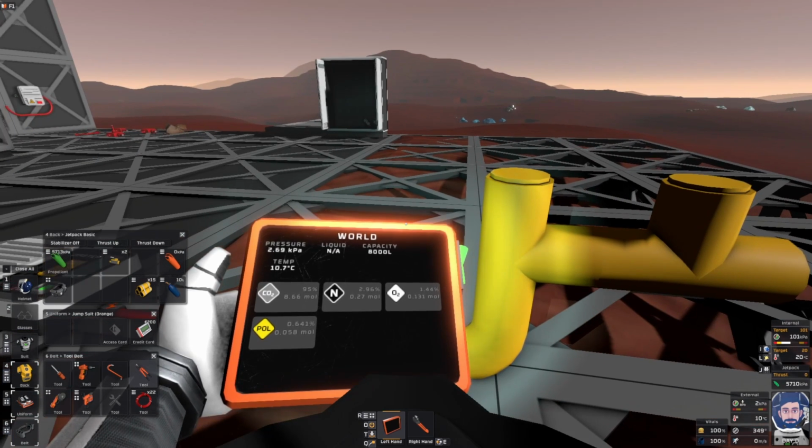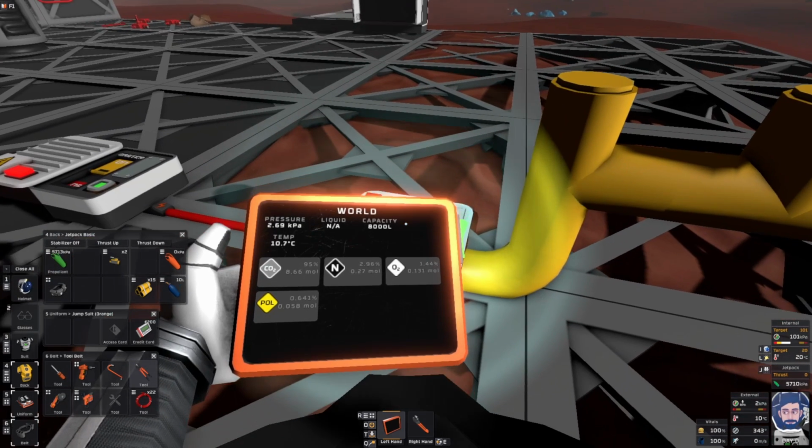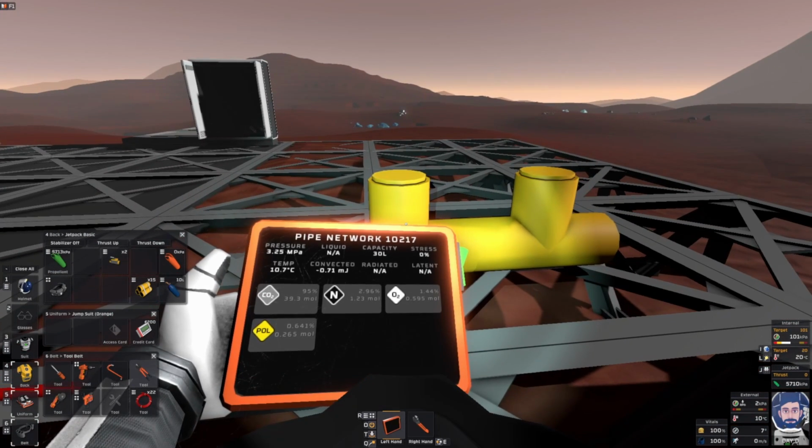So even though the Mars atmosphere is only 2.69 kilopascals, the few moments that we ran the vent for already reached a pressure of 3.25 megapascals inside the pipe network. For pipe networks, the limit before they burst is 60 megapascals.